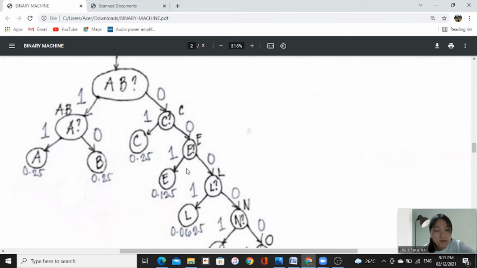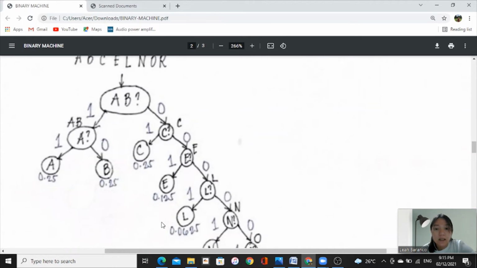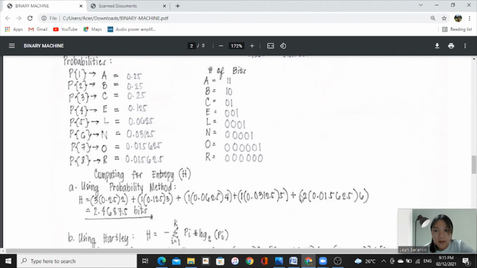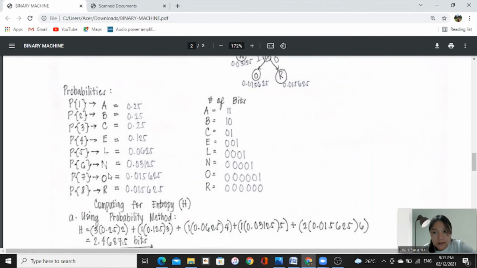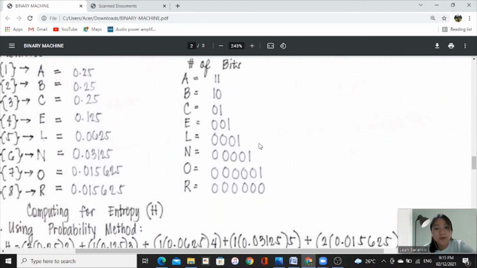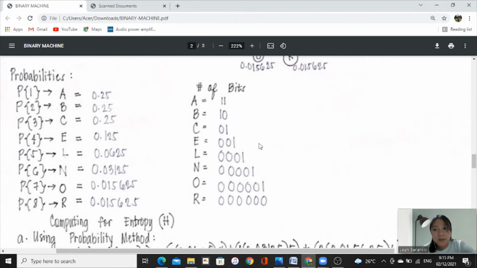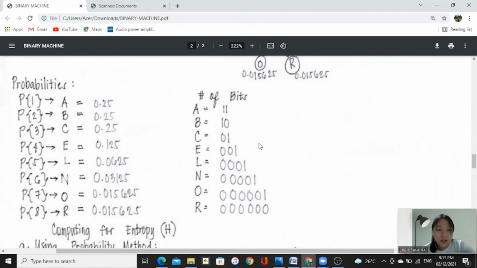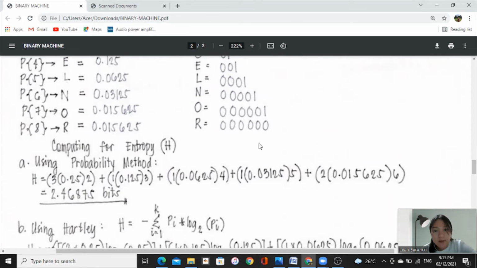And if it is true, then E would have 0.125 probability, and so on. So here are the given probabilities of their occurrence. And the number of bits is also determined by the same process that we did on the first binary machine.